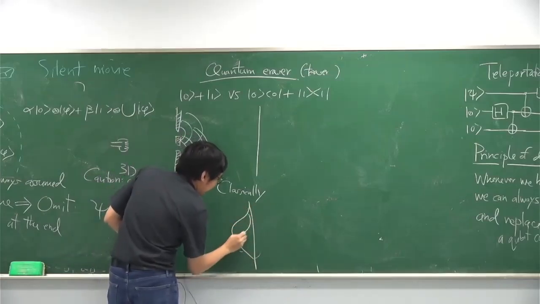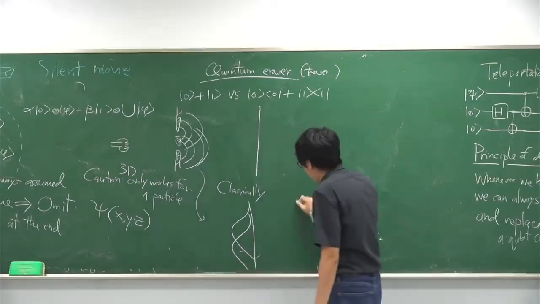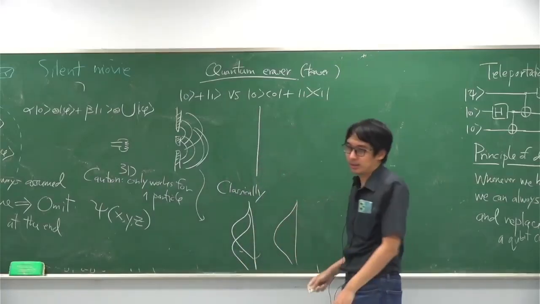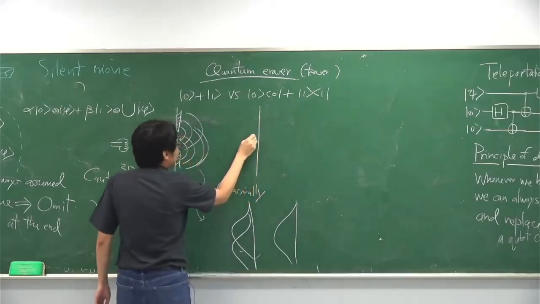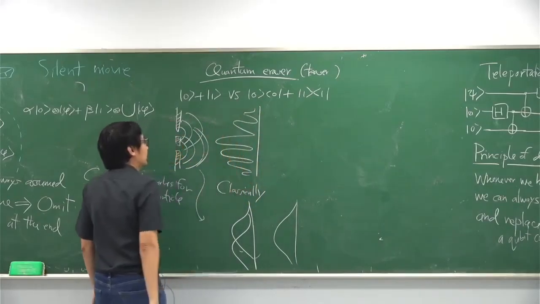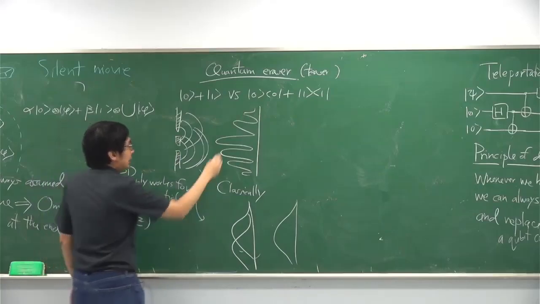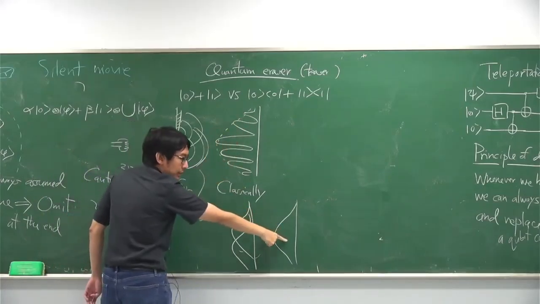So something like this. Two mountains, but when you combine them together, it's just one bump. But here you will find a different pattern. The envelope, we believe, would still be the same as that.